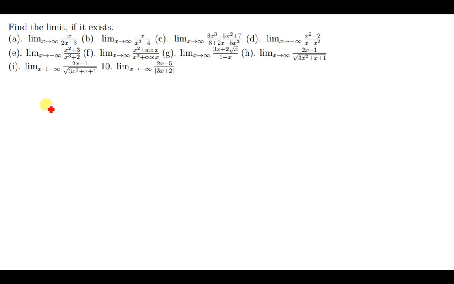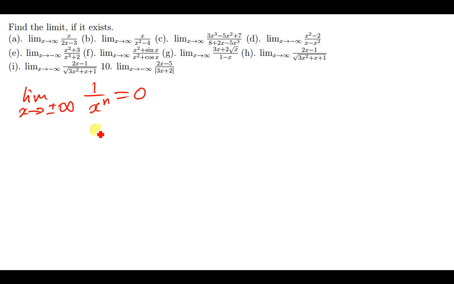The only thing you need to know about such a question is that the limit as x approaches positive or negative infinity of 1 over x to the power n is always equal to 0. This is the concept that you need to know to solve all these questions here.